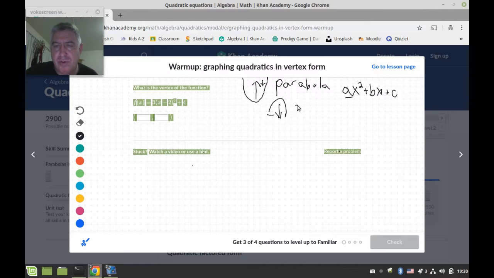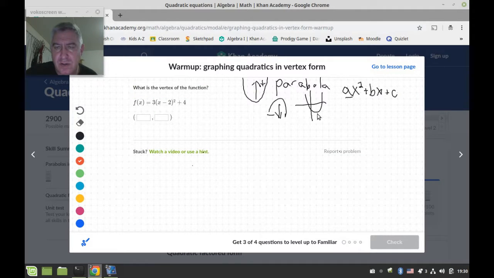We have some important points on a parabola. Just about the most important point, down here at the bottom, is called the vertex. Two more very important points are the x-intercepts, or called the roots, or sometimes called solutions, or called the zeros.